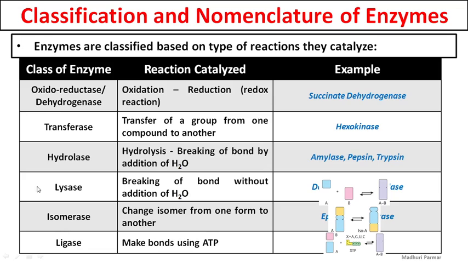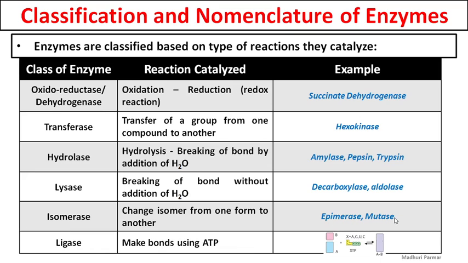Then you have lyases. Lyases will break the bond without addition of water. So here you have A and B, and they will break that bond between AB without addition of water. Example is decarboxylases and aldolases, which we will again see during glycolysis. Isomerase converts one isomer into another isomer.